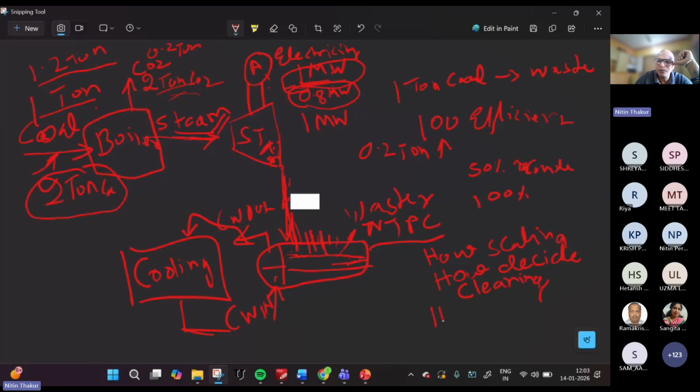And what about when I'm doing the cleaning, from where I'm going to get the power when I'm doing the condenser cleaning.